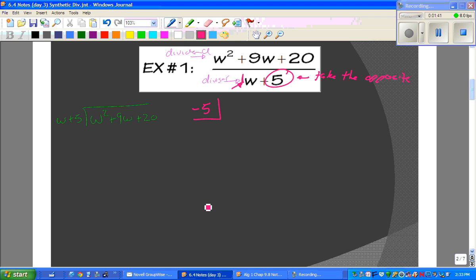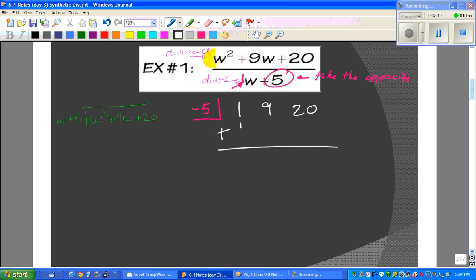And now all I'm going to worry about are the coefficients of all of my numbers. So we've got the w has a 1, and the w squared had a 1. The 9w is 9, and then the 20.